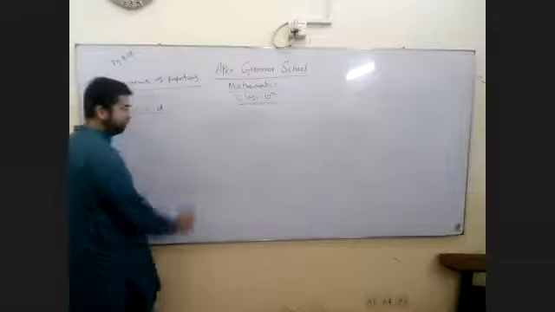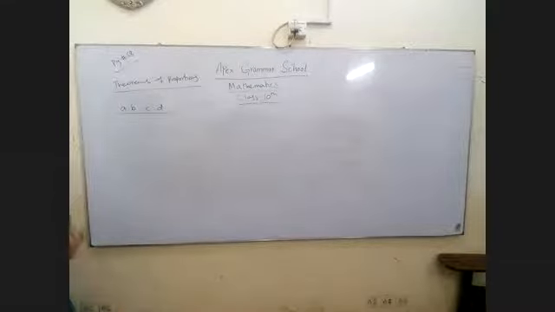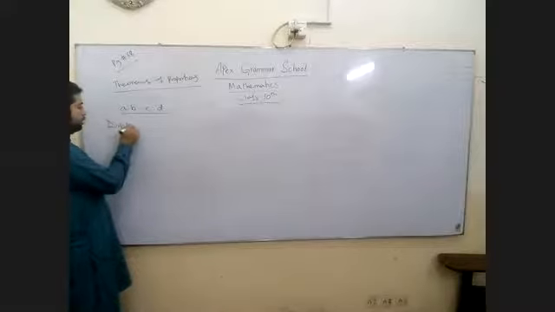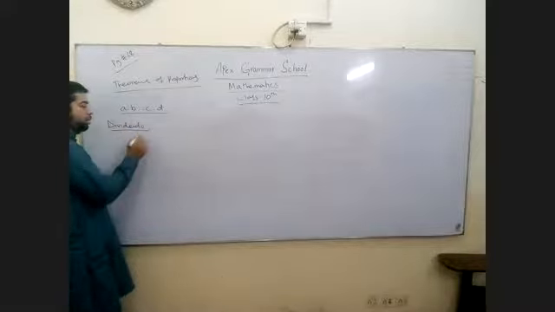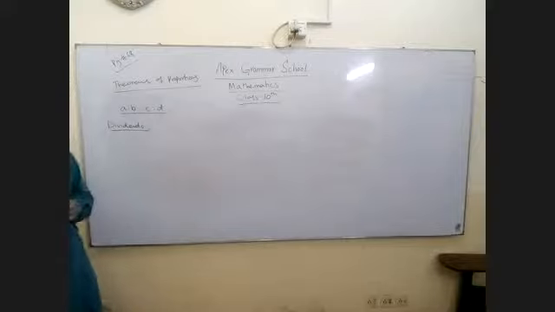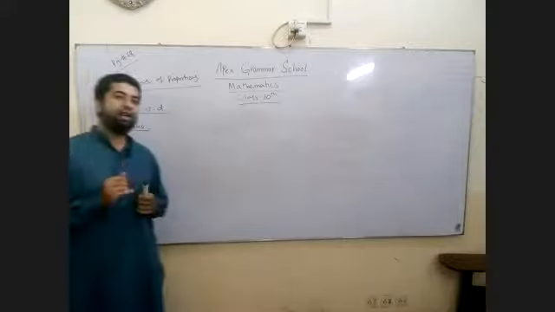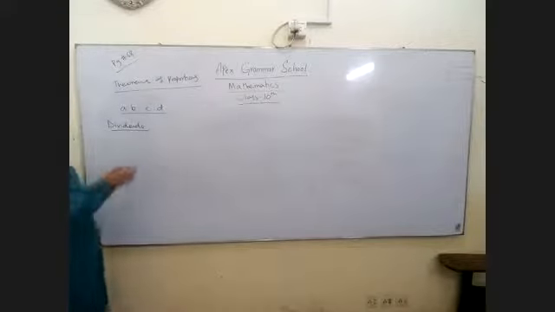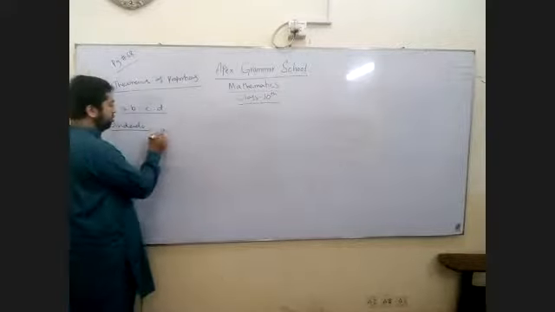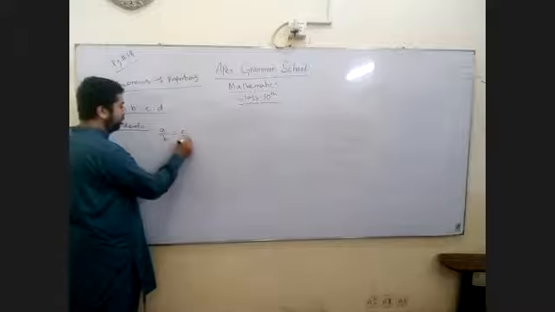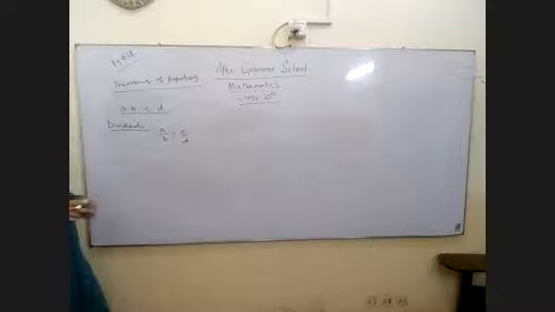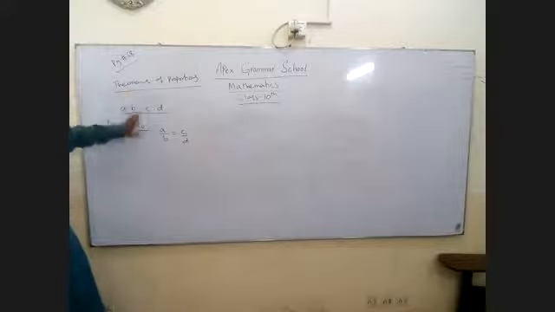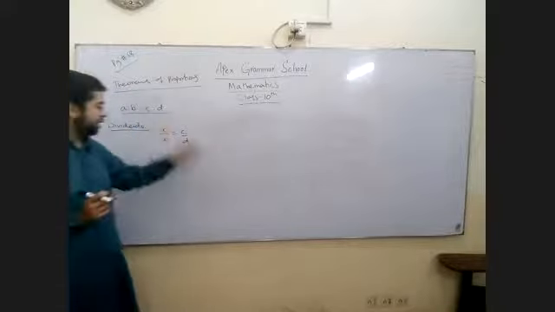Now the fourth theorem is about dividendo. The componendo theorem is for addition and the dividendo theorem is for subtraction. Same thing: A ratio B, that is A over B, is equal to C over D. If we apply an effect on the left-hand side, the same must be applied on the right-hand side.